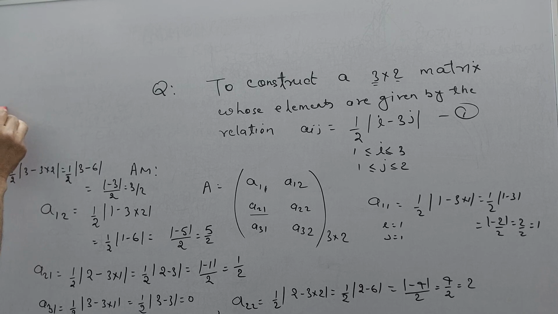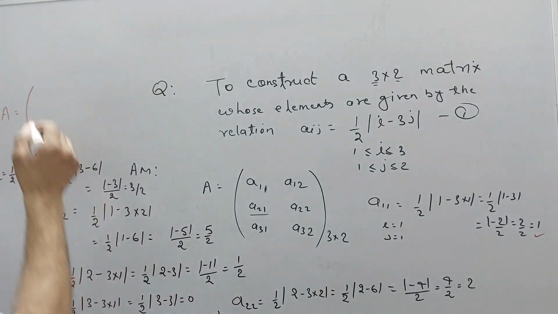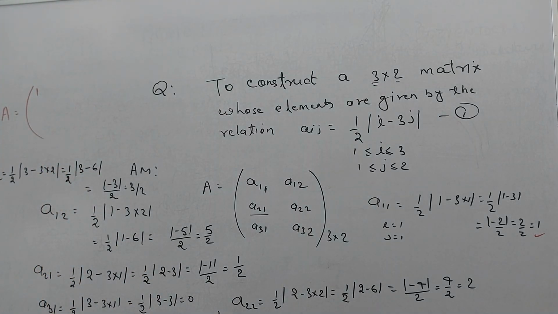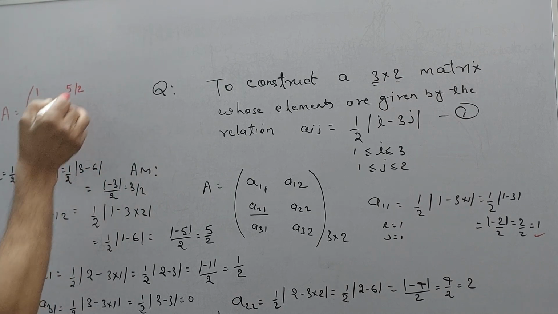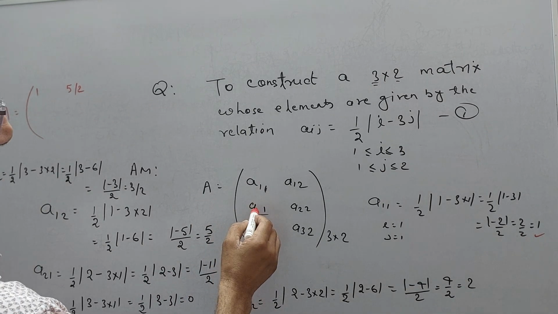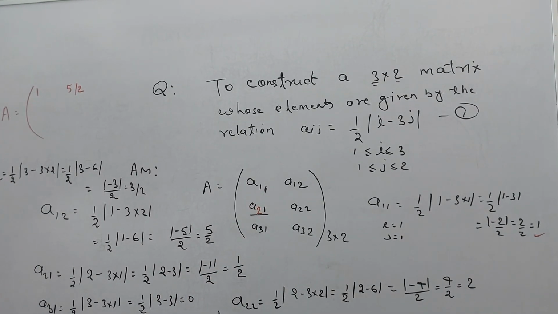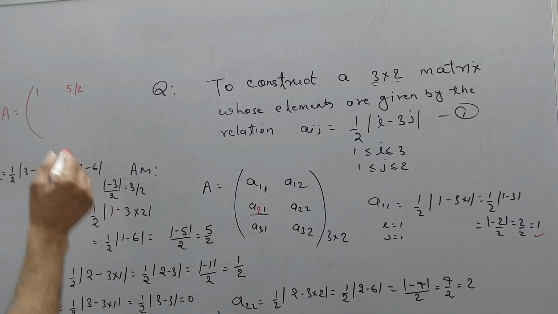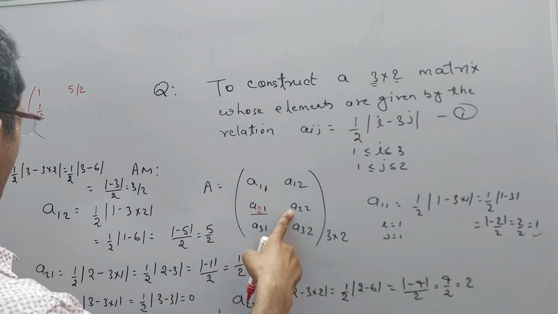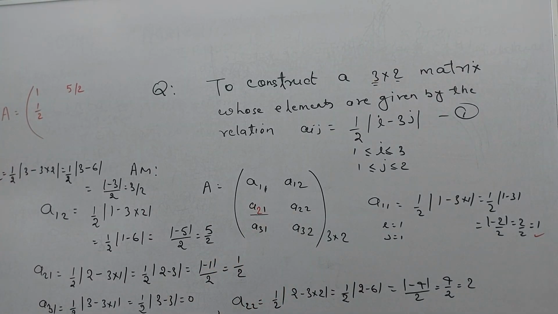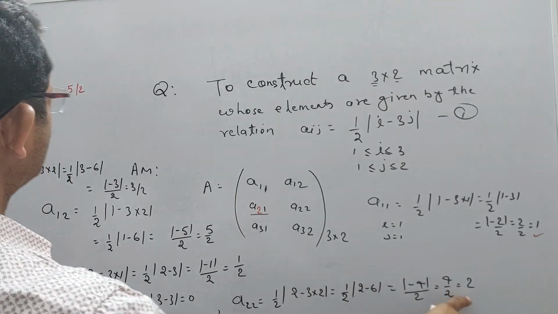If I put all these values in the matrix, I will get the matrix in element format. a11 is 1, a12 is 5 by 2, the second row first element is 1 by 2, and the second row second column element a22 is 2.